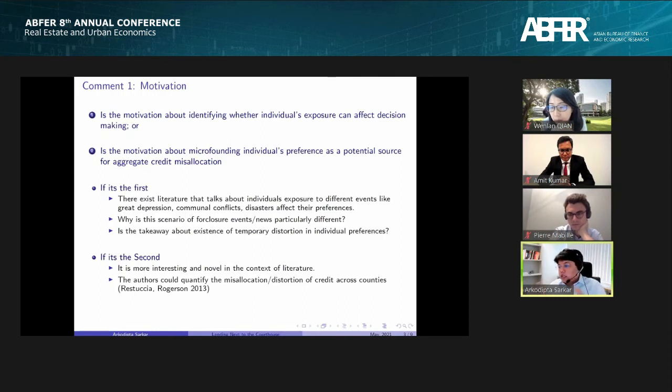So this is one broad picture that I would think the authors could focus on, building the motivation more on the second part, because to me the existing literature has talked about the way preference formation affects individuals, like salience of events in individuals' decision making.